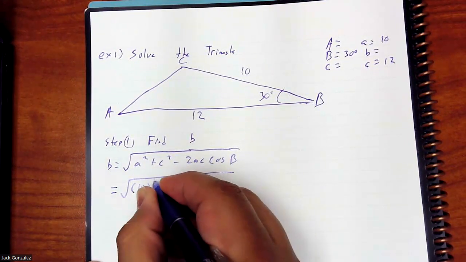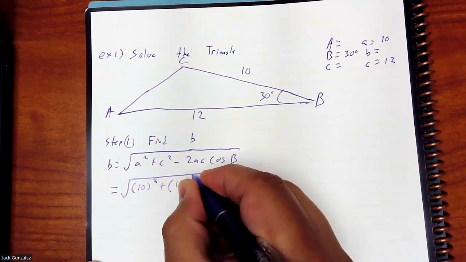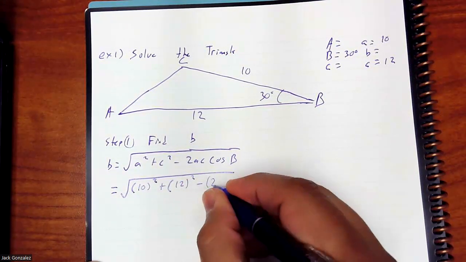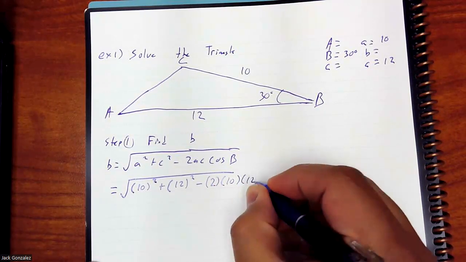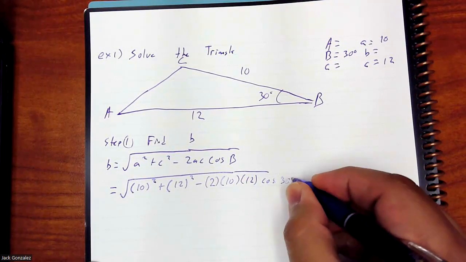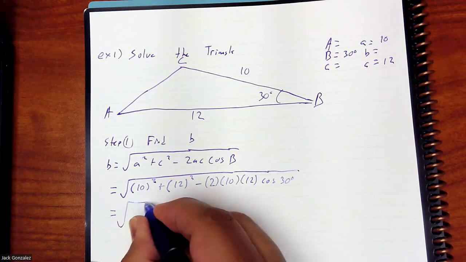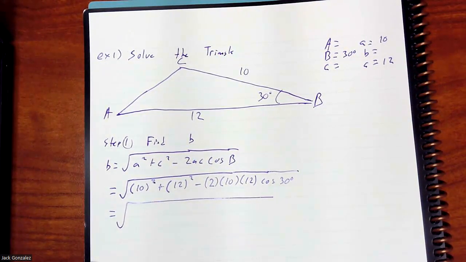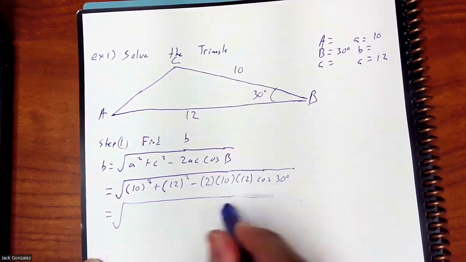That's 10 squared plus 12 squared minus 2 times a times c cosine 30. Well, I guess at that point we should just plug it into the calculator.